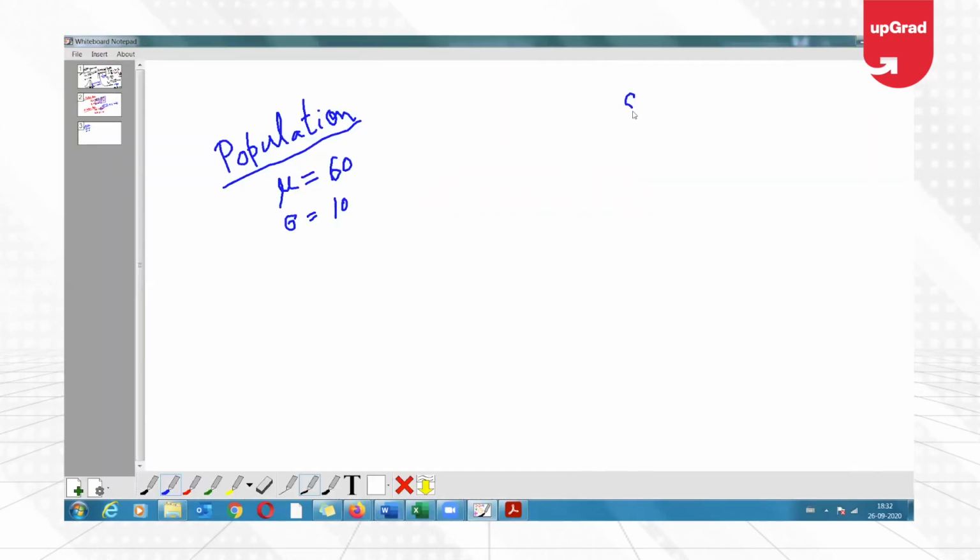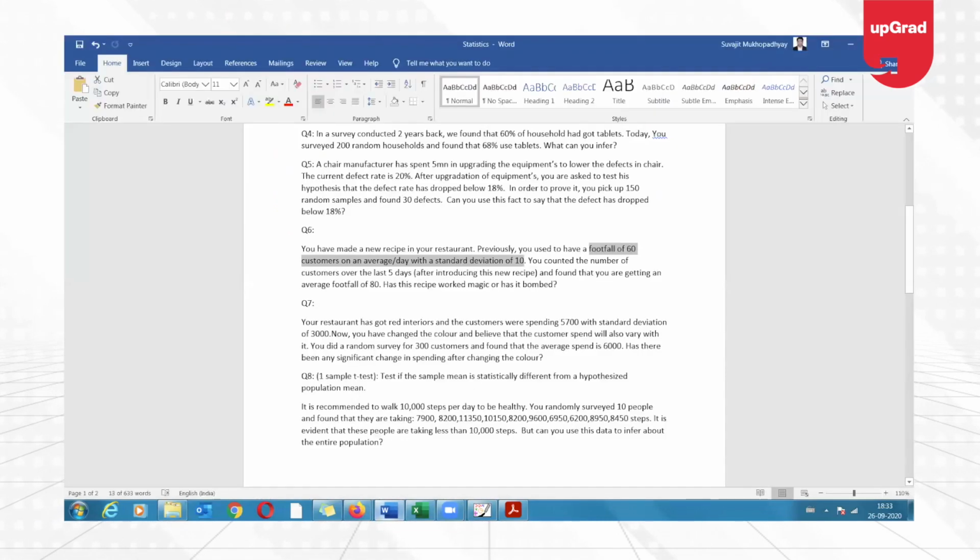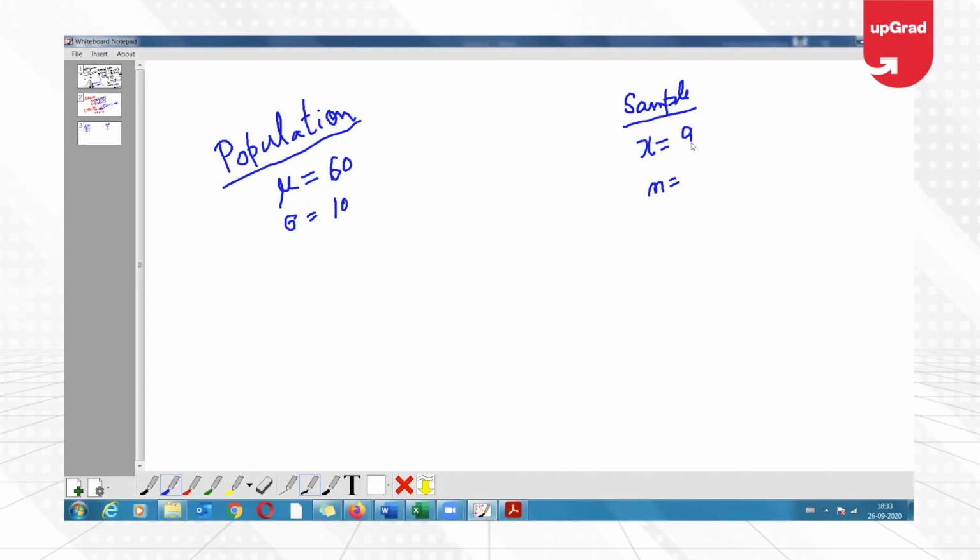Now from the sample perspective, you have X and you have N. So X is 80. Last 5 days, number of customers is 80. And N is 5.